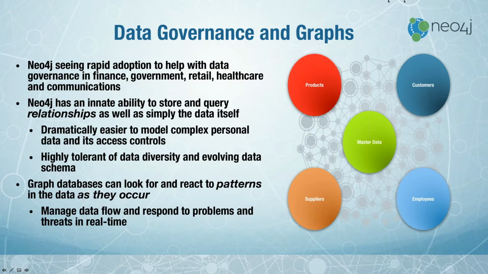And it allows you to model very diverse forms of data and to deal with the fact that different users and different customers may have different data profiles. The other principal benefit is that graph databases such as Neo4j can react to patterns, so they can spot when a particular relationship is broken or when a particular risk arises, and they can flag it up.